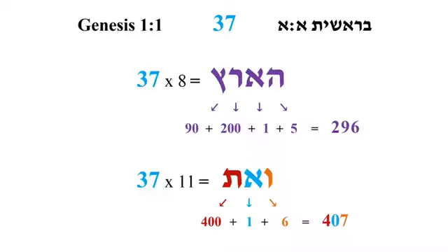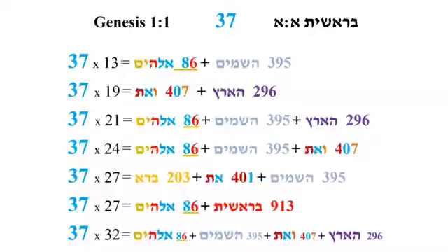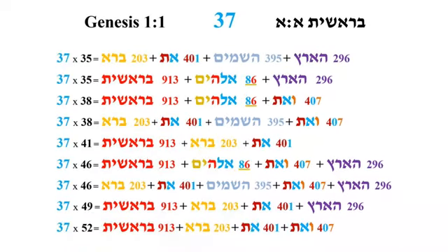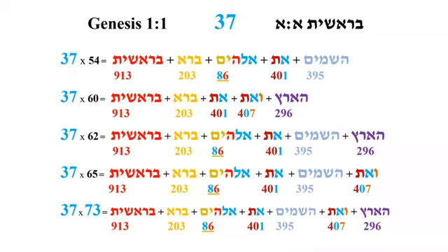The 6th word of the Bible, va'et, was 407, which is 37 times 11. And just the combinations of words in Genesis 1:1 that combine to be divisible by 37 is mind-boggling. Here's 9 more. There were 7 more earlier. Here's 5 more. And it continues all the way up to the entire verse. The entire verse is 37 times 73. It's the 3s and the 7s.